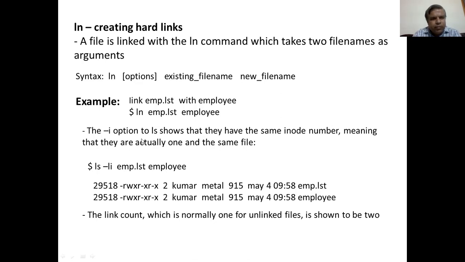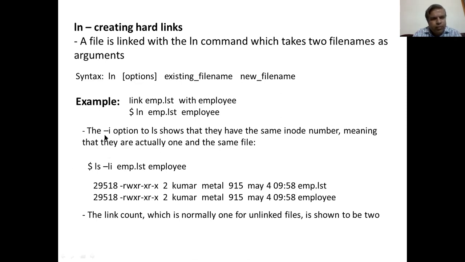Then when you create a hard link, both the files have the same inode number, meaning that they are actually one and the same file. Okay. So how do you know the inode number of both these files?